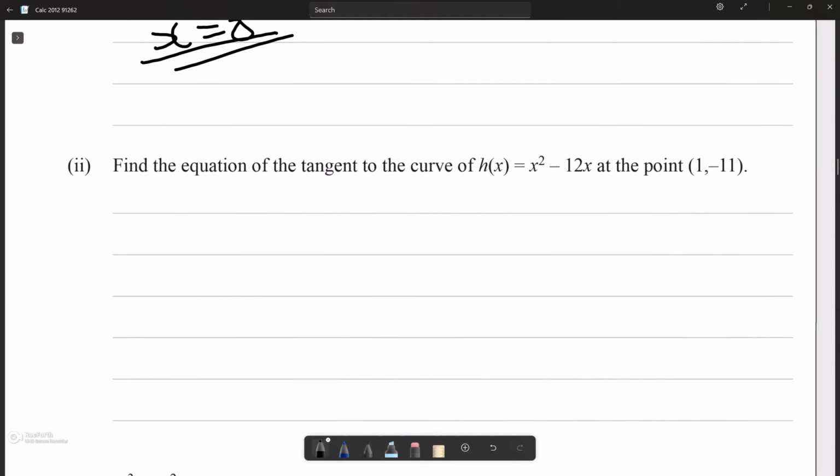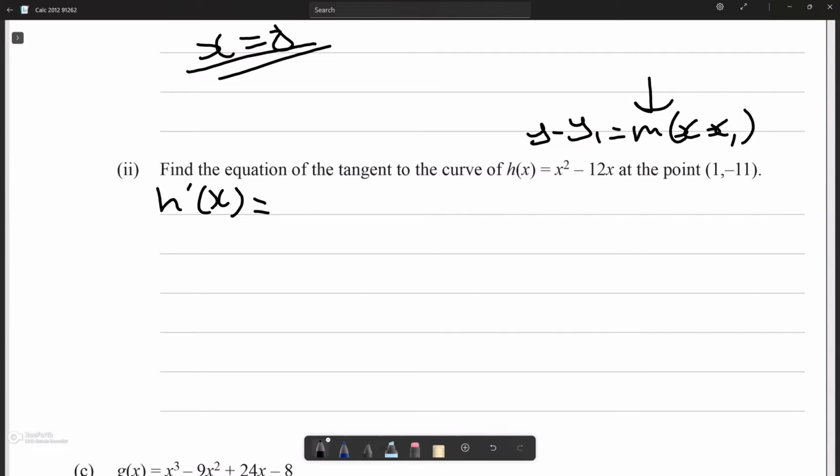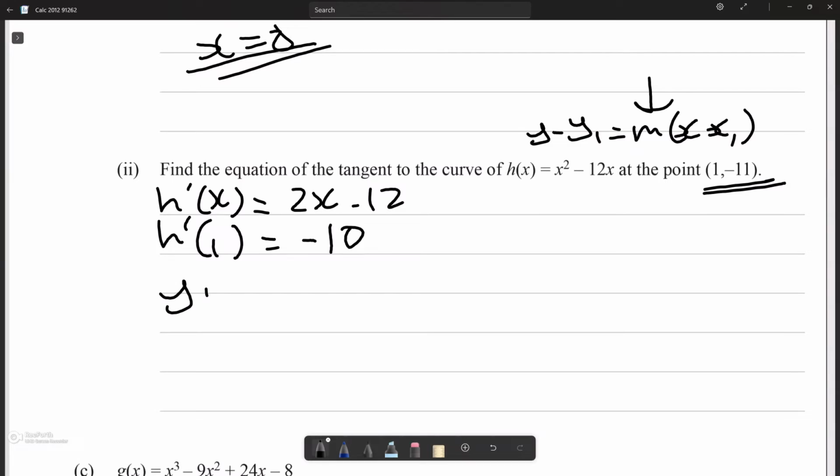Find the equation of the tangent to the curve at the point 1 comma negative 11. So what's the first step? I think I need to find the gradient because y minus y1 equals m bracket x minus x1. So h dash of x was basically 2x minus 12. h dash of 1 is equal to negative 10.